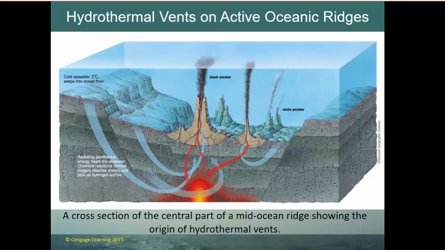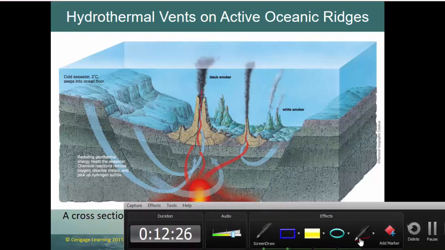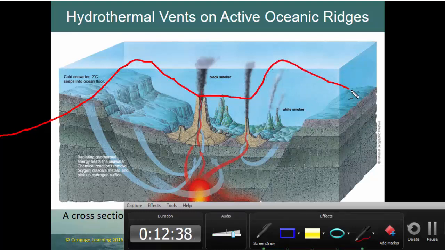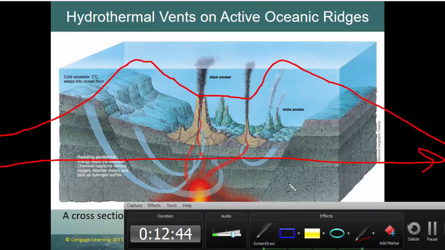So this is the cross-section of the very central part of the mid-ocean ridge. And what you have to remember in this mid-ocean ridge situation is the entire mid-ocean ridge looks something like this. It's a ridge, and then you get the central rift valley. And so the ridge is this very long feature across the entire screen here, all right?